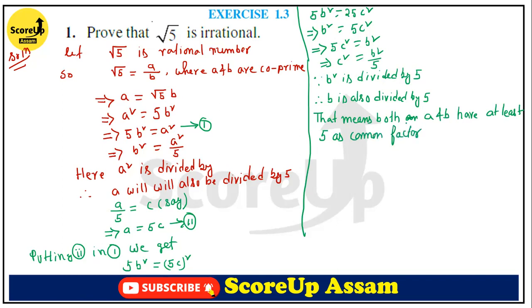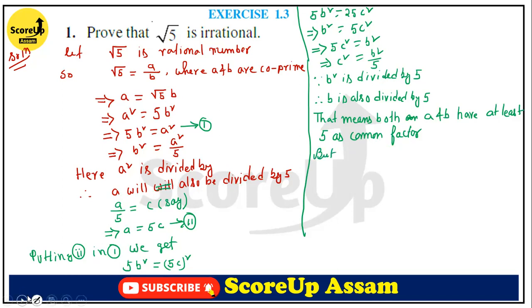Both a and b, because b is also divided by 5 and here a is also divided by 5. That means a and b have 5 as a common factor. But this contradicts the fact that a and b are coprime, right?